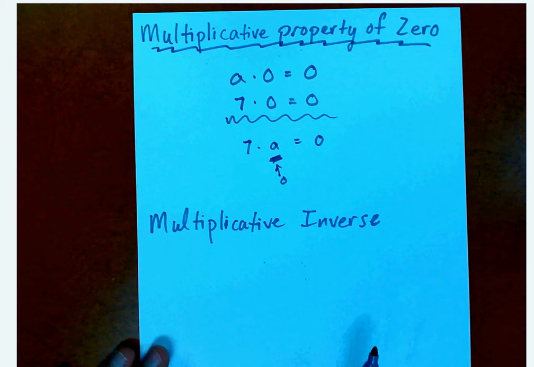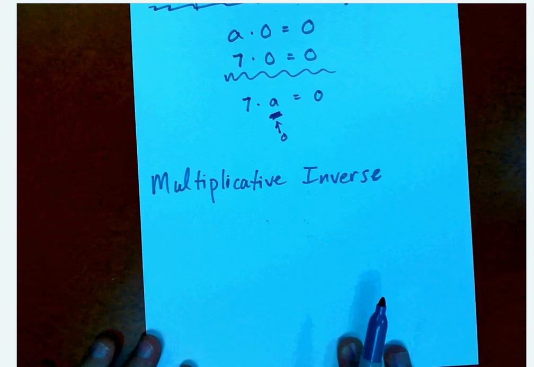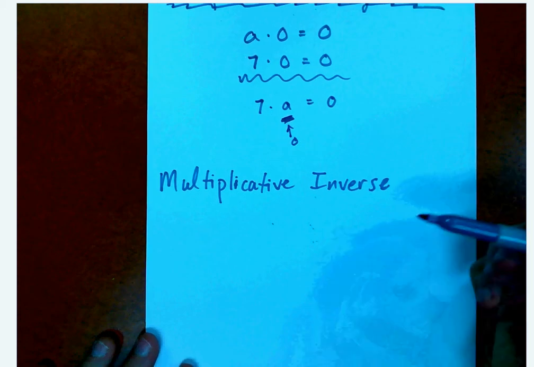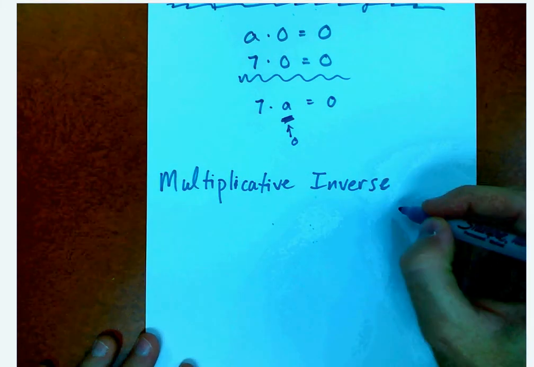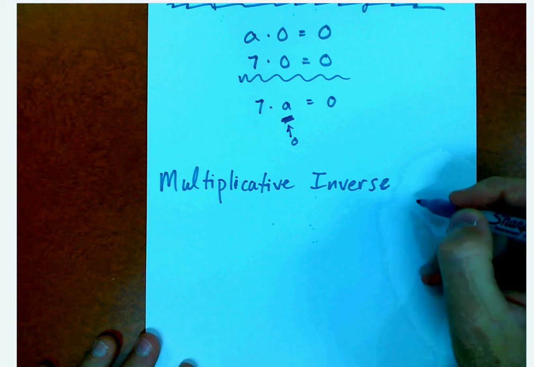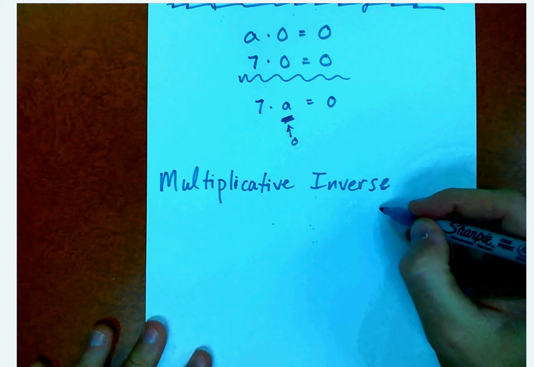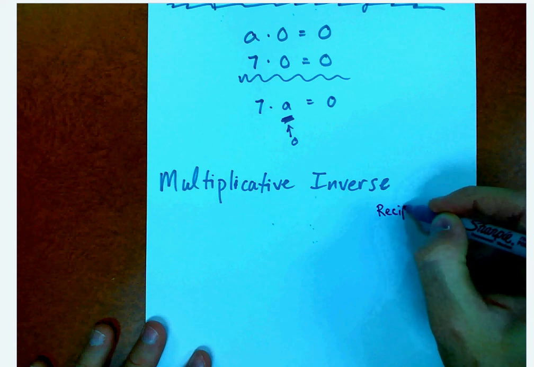Kind of along the same lines, there's the multiplicative inverse. One key word here you should know that goes along with multiplicative inverse, kind of a synonym to that, is reciprocal.